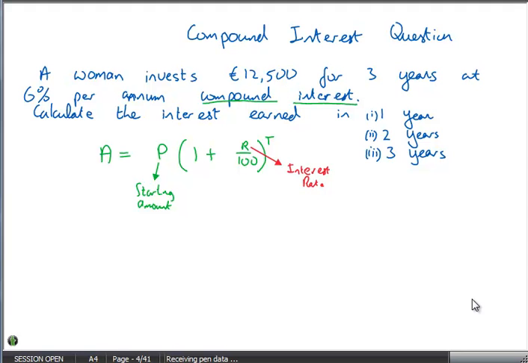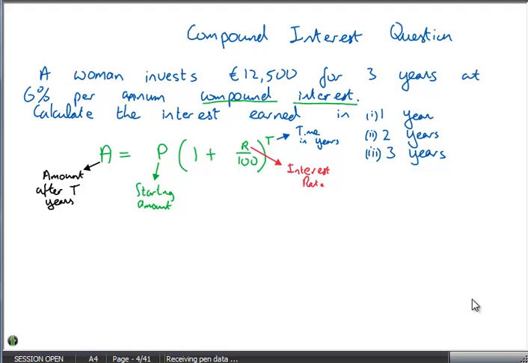And T is simply the time in years. And then the final bit there, A, is the amount after T years. Now, it's no harm to just repeat that over and over again. We're going to be using that for each of the 3 parts of this question.